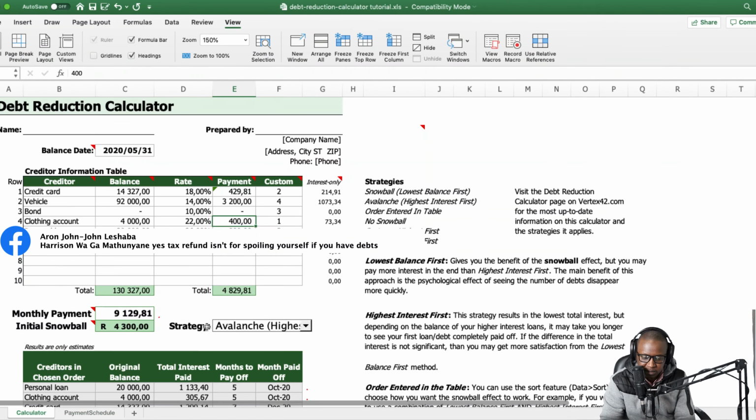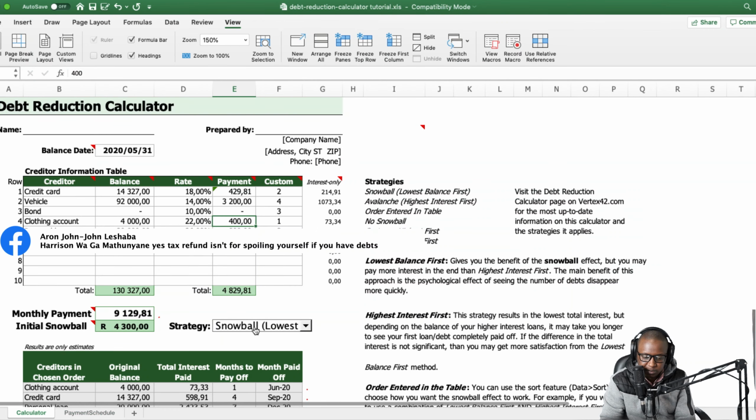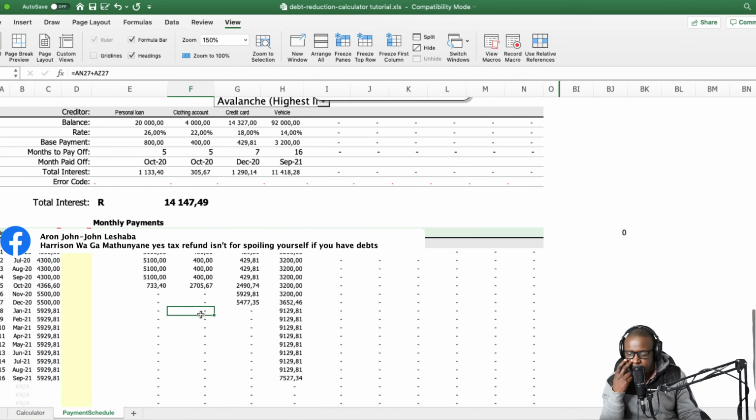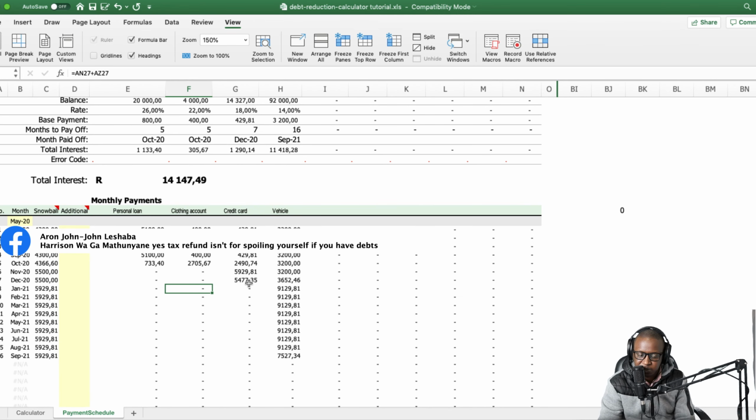So if you compare the avalanche method and the snowball method, on the snowball method you pay 14,554, and on the avalanche method you pay 14,147. So you save about 500 rand worth of interest. As I said, there's not much difference, but it's still money. At the end of the day, it's money that you can use to pay something else or to buy something.